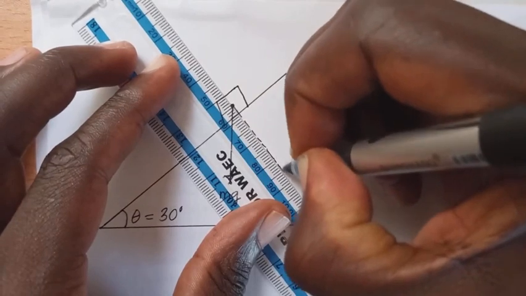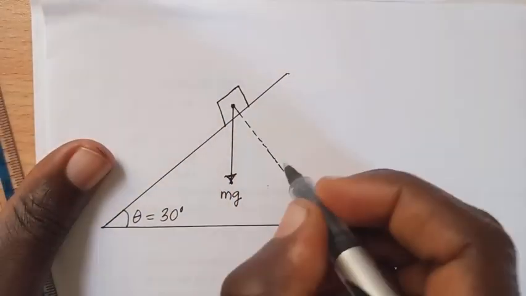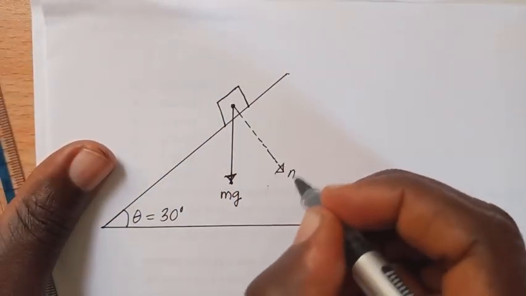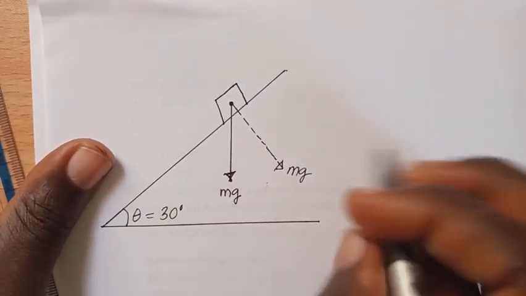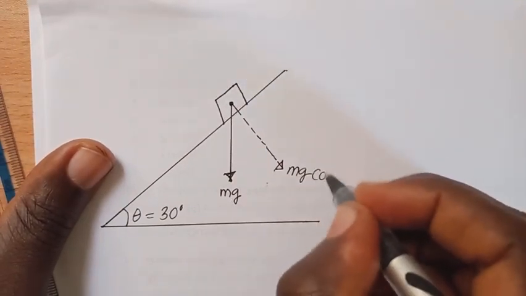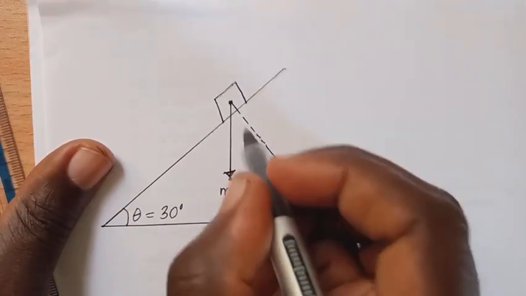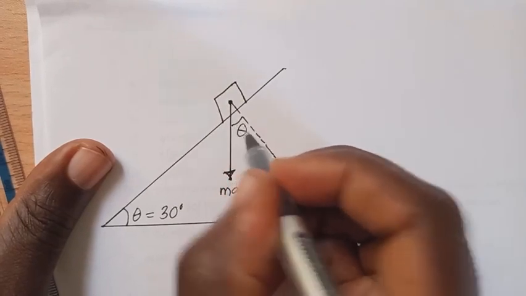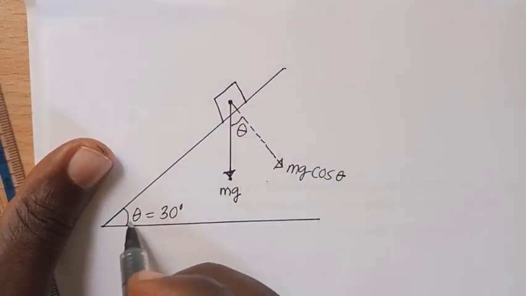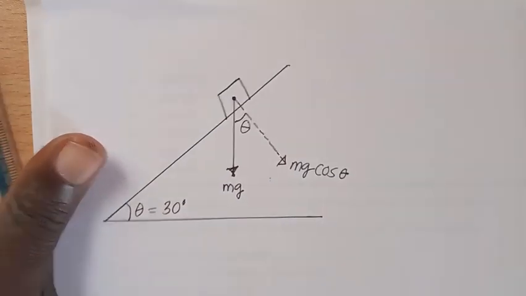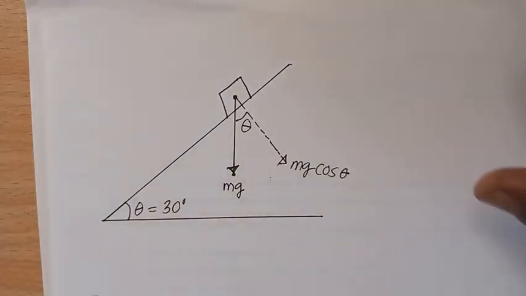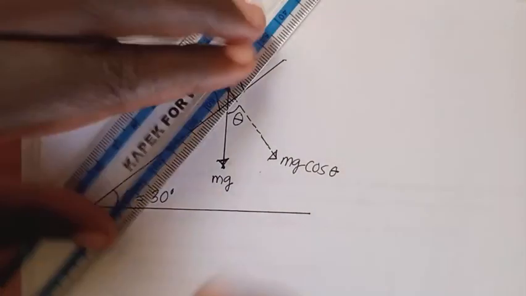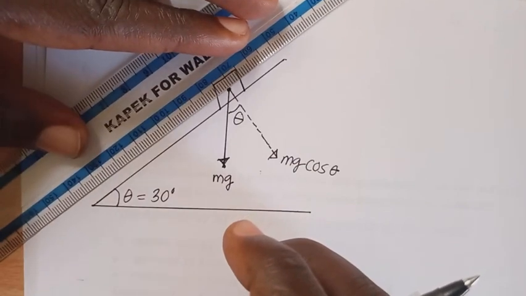One is here, and its magnitude is mg multiplied by cos theta. The theta is the angle here, and the angle you have here is identical to the angle that you have here.